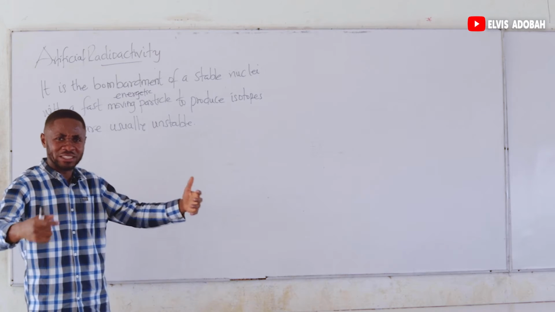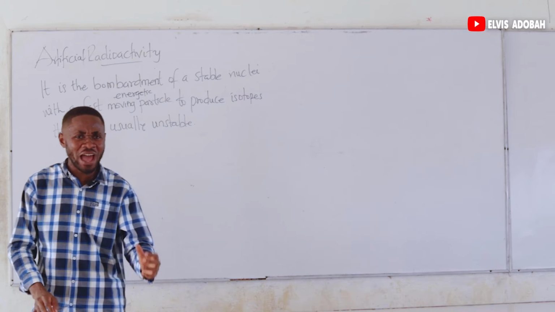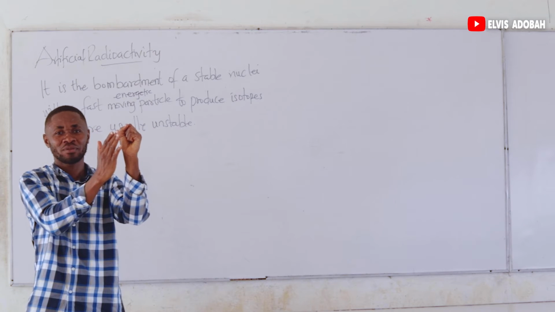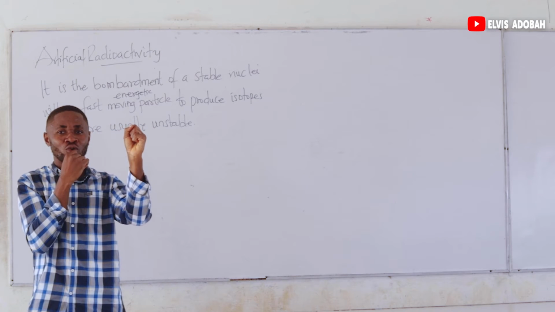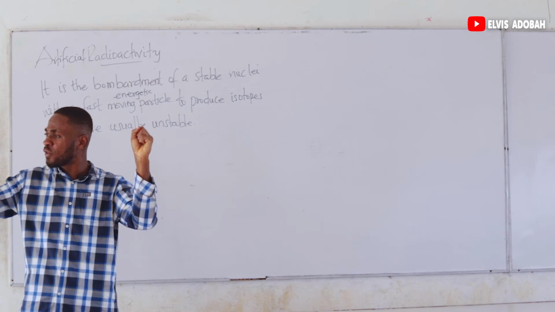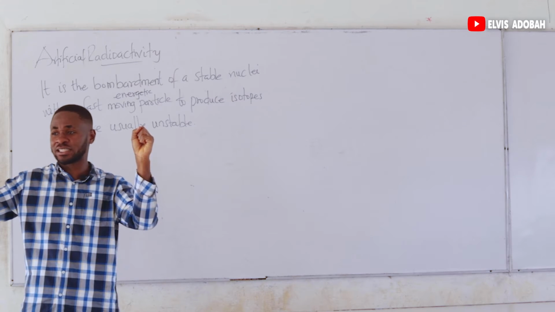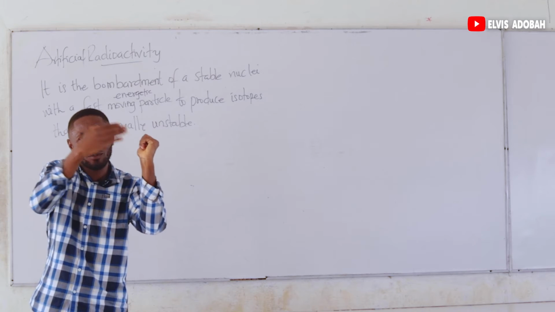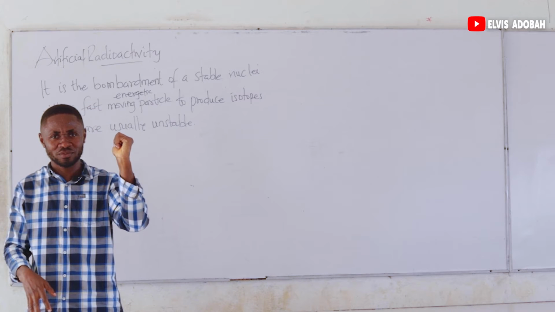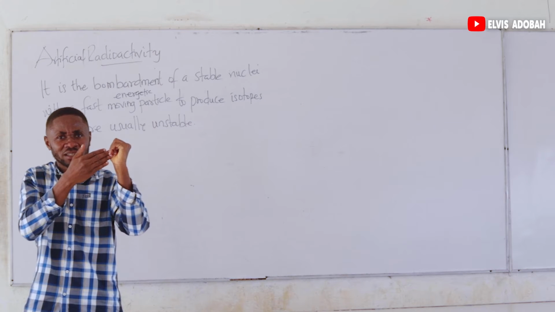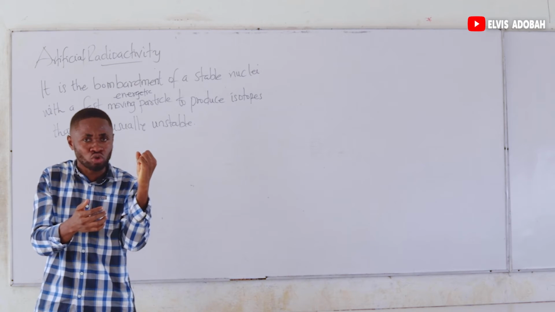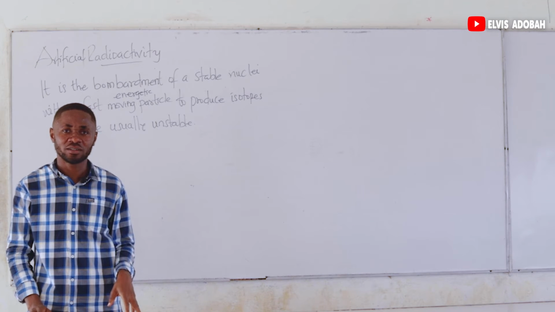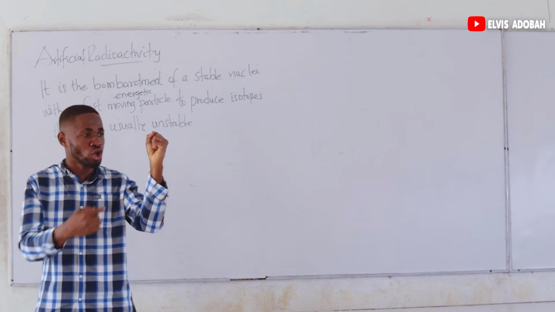What we do in artificial radioactivity is that we have an isotope, and this isotope is very stable. Then we look for a fast-moving particle, which is also energetic, and we slam it through the stable isotope. When we do, it causes the stable isotope mostly to become radioactive in nature, which means it is going to become unstable.